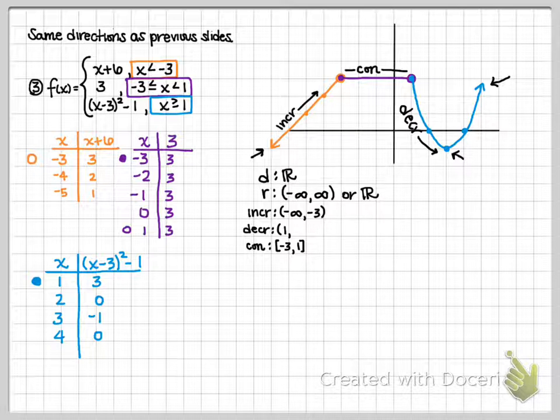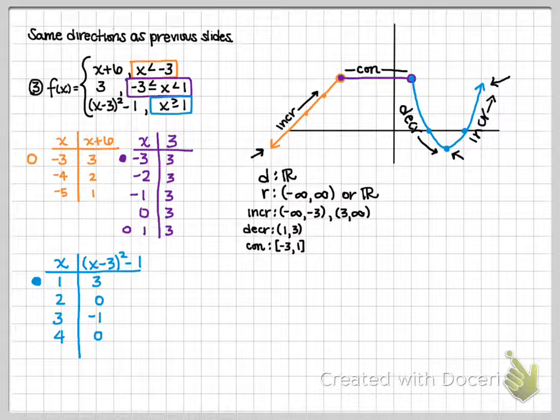So I'm decreasing as I get closer and closer to that x value of 3. Immediately after the 3, it looks like I'm increasing again. So immediately after the 3, I go back to my increasing, put a comma. Immediately after the 3, it looks like it's going to increase forever.